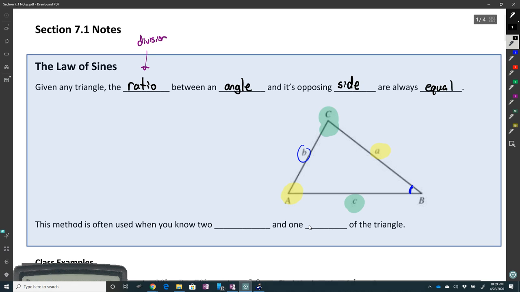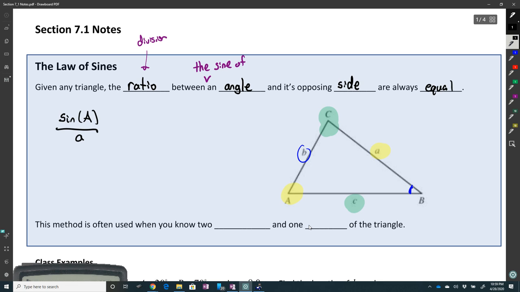Cats are freaking out. Anyway, so what this means is that we have, I guess I forgot to add in a word, the ratio between the sine of an angle. That's what I forgot. Typos. So this means that the formula is the sine of angle A divided by the opposite side, which we label as lowercase a.